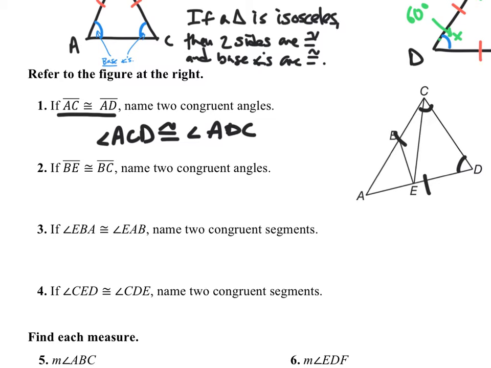Now, in part 2, if it says that BE is congruent to BC, let me make those statements here. Those two segments are congruent, then my isosceles triangle is right here, and these two angles are my base angles.